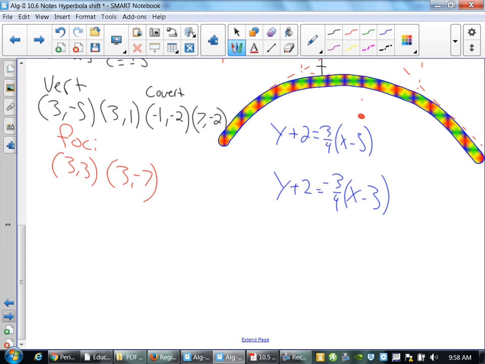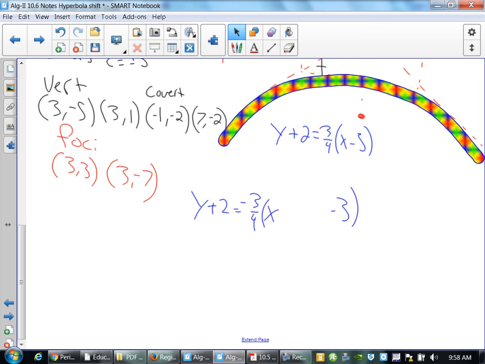So if I solve those out, you get y plus 2 equals 3/4 x minus 9/4. Subtract the 2 over, you get 3/4 x minus 17/4 for one of them. Subtracting 2 is the same thing as subtracting 8 over 4.